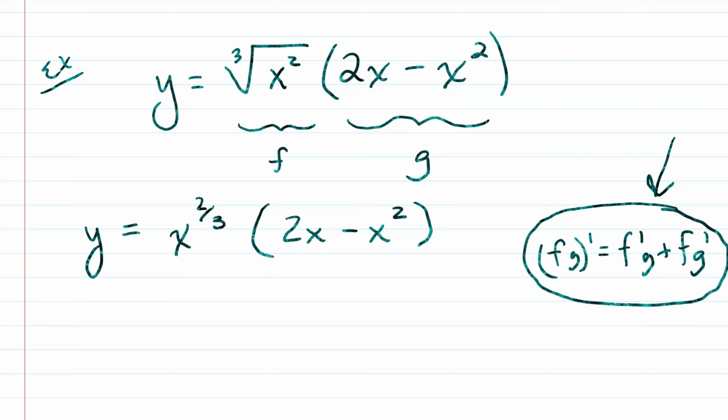Still two separate functions, but x to the 2/3 power makes it a bit easier, and now we can apply what we've learned in a previous class meeting, which is the power rule.